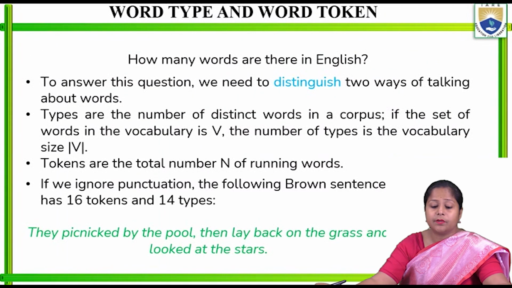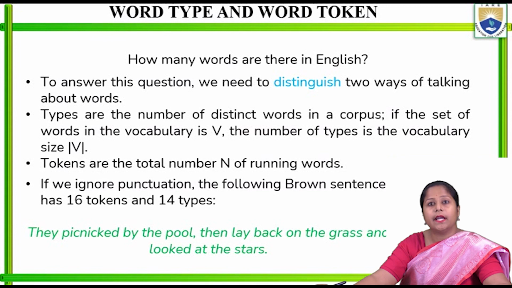Now let's move to word type and word token. If I ask how many words there are in English, to answer this question we need to distinguish two ways of talking about words. The type is the number of distinct words in a corpus.